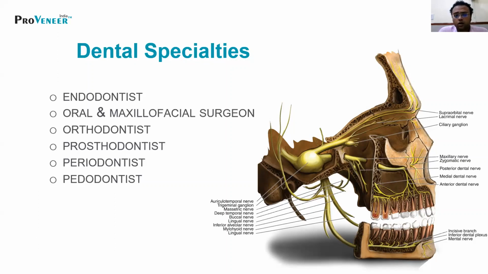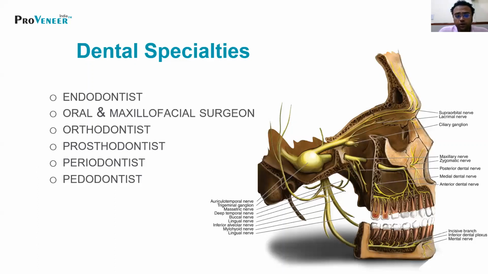Then comes the orthodontist. The orthodontist is the one who will align your teeth properly. A lot of patients suffer from crooked teeth, malaligned teeth, missing teeth. So they need an orthodontist to get their dental arches into a proper form and shape, after which further rehabilitation should be done.